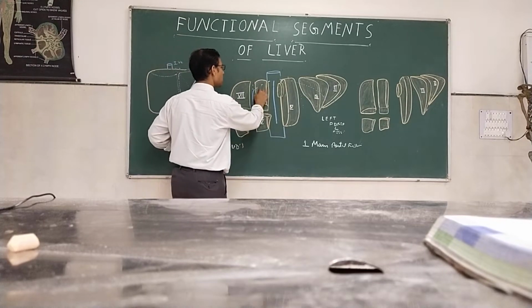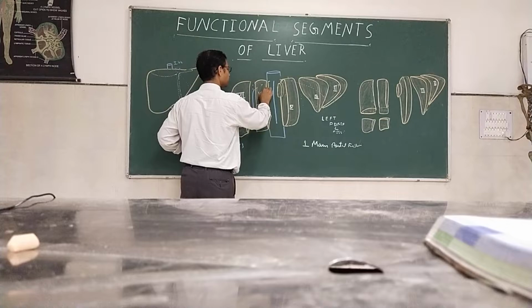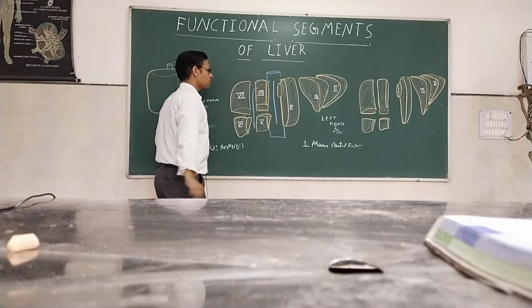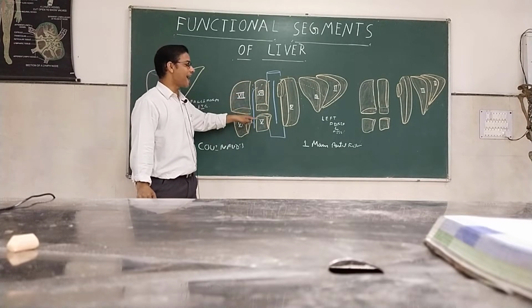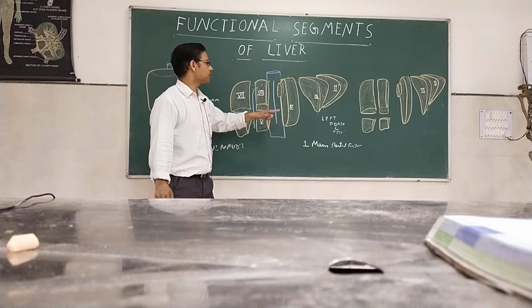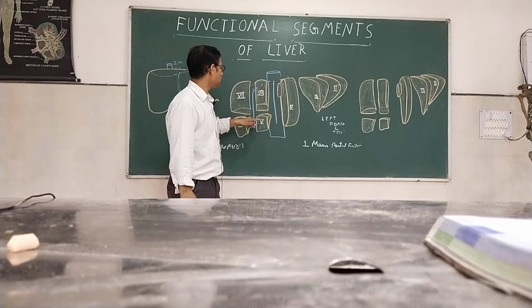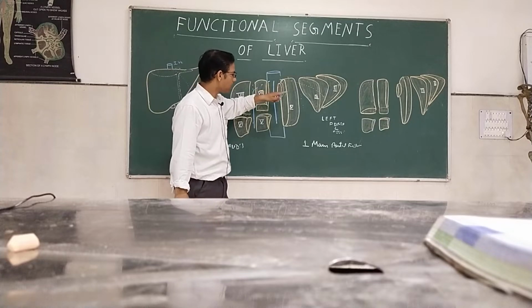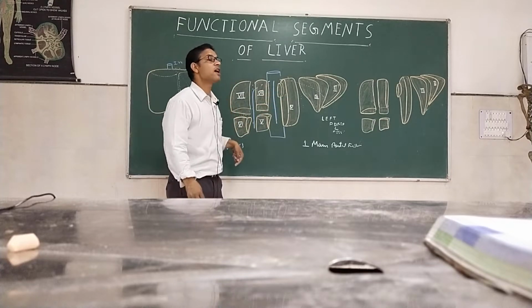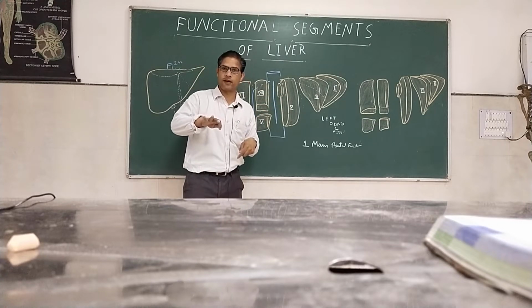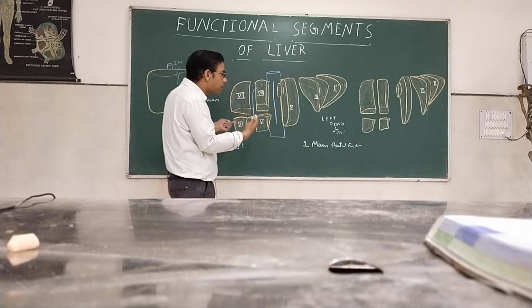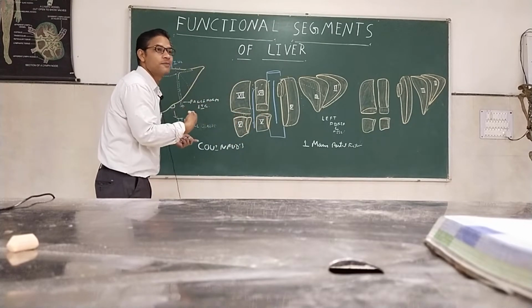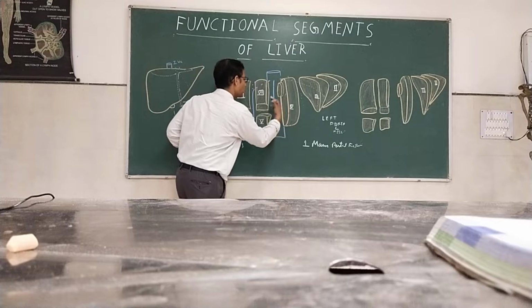And segment number 8 is the upper part of the right anterior one. Second, third, fourth, fifth, sixth, seventh, eighth, in an anti-clockwise manner when we are considering the portal vein, or if I am looking from the front, that is a clockwise manner. Second, third, fourth, fifth, sixth.